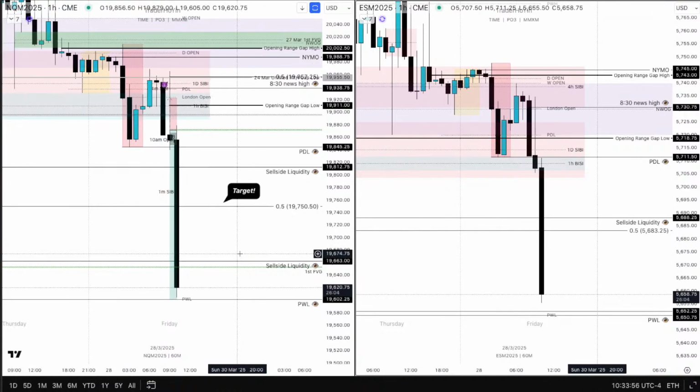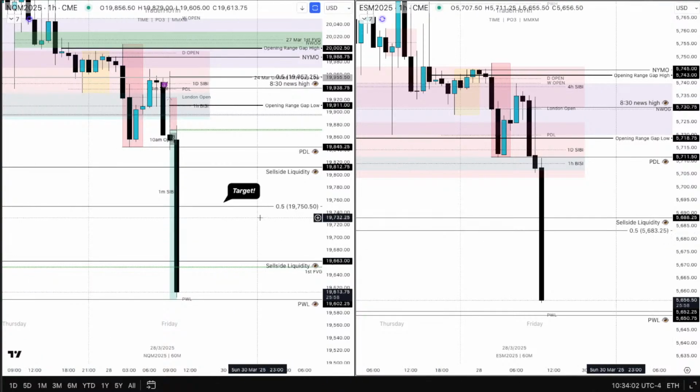That's how you get losing trades. Instead of thinking about when to long, let the price tell you, hey, it's time to long. Then usually that will work.